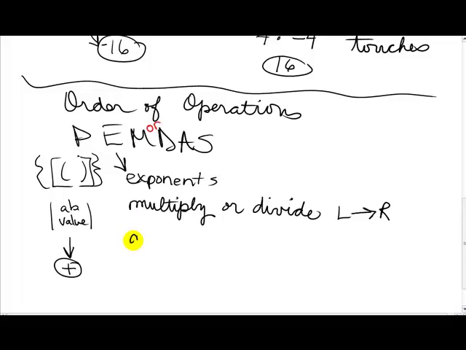We're going to do the same thing with adding. It's going to be add or subtract when we're moving left to right in order. So we're going to put the or here also. Add or subtract, multiply or divide.